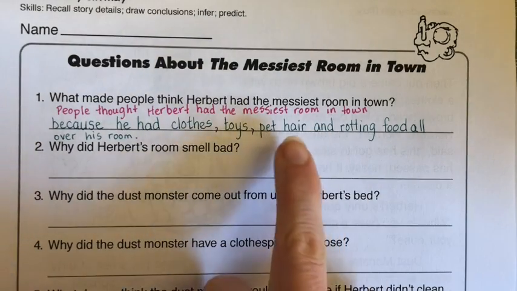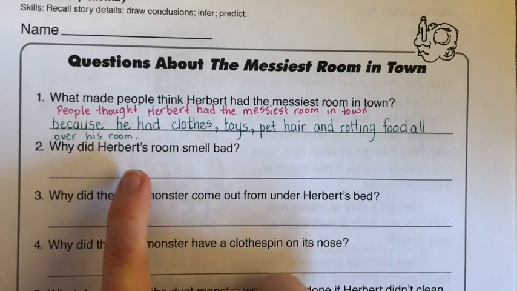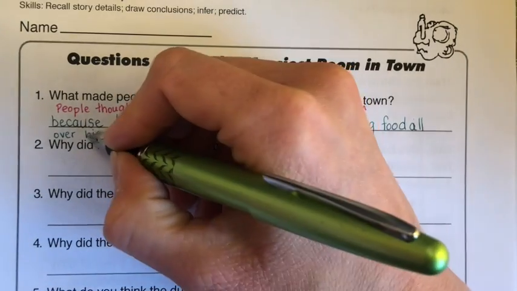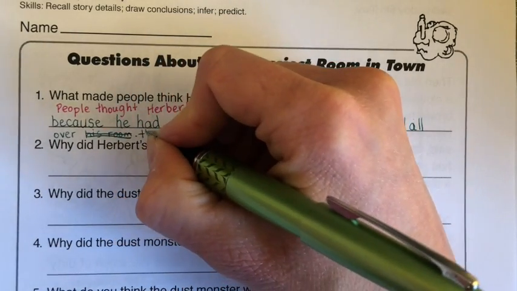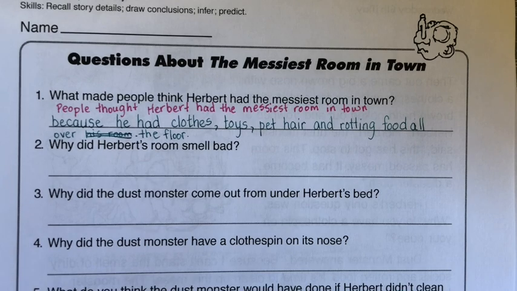Oh, and if I was going to make it a full sentence, I wouldn't have to repeat room. I could say all over the floor. Because we don't want to repeat ourselves in a sentence, because that's not how we talk. When you're writing, you want to think of how you'd say it in words.